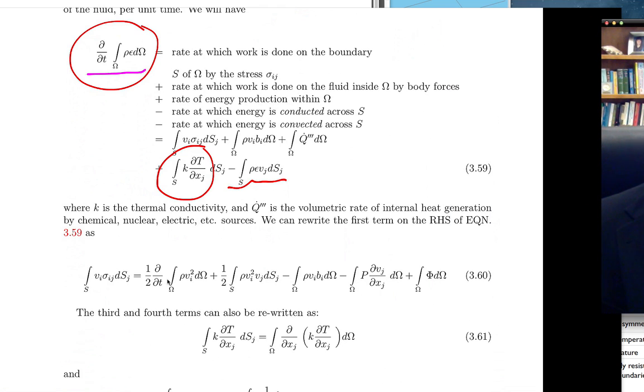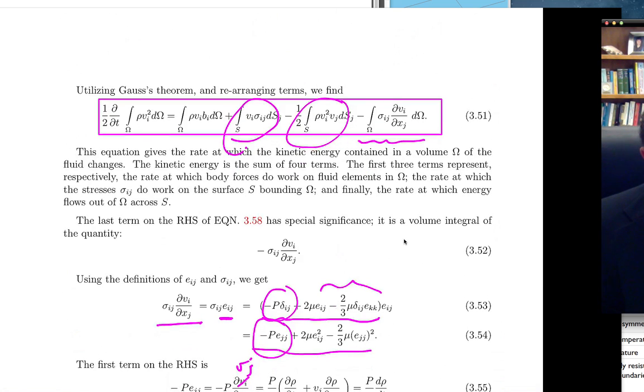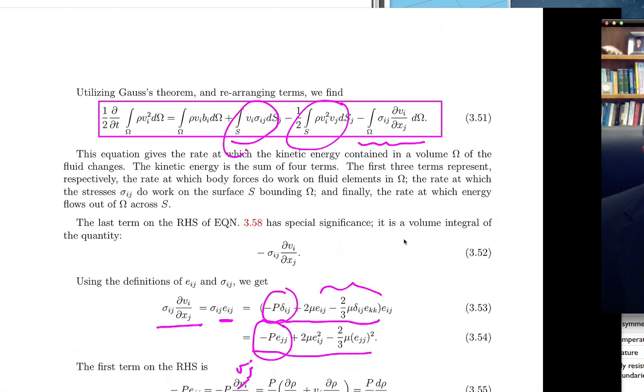So if you see equation 360, we substitute for the work done by the stress on the boundary, and that is obtained from the expression for the stress, equation 351. You will see that we can isolate this term here.